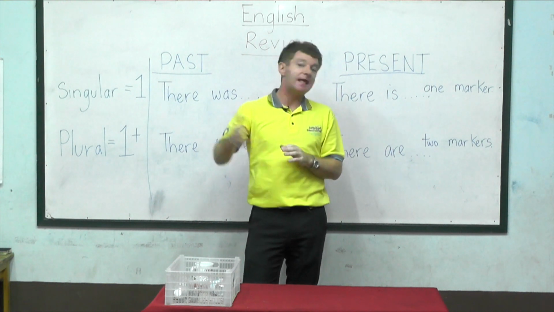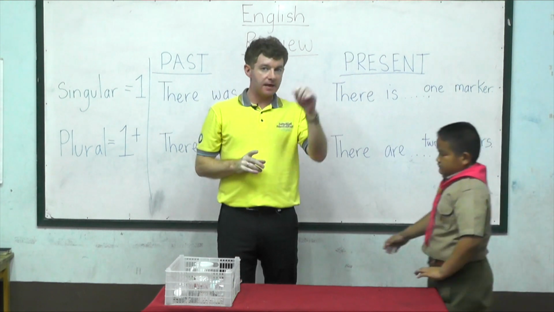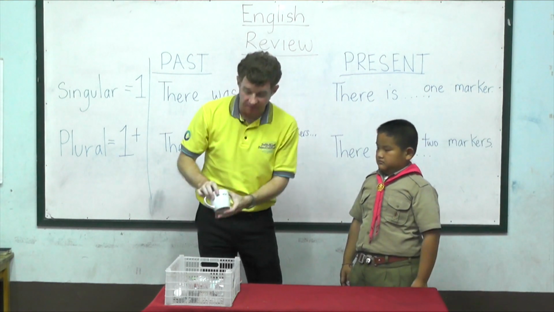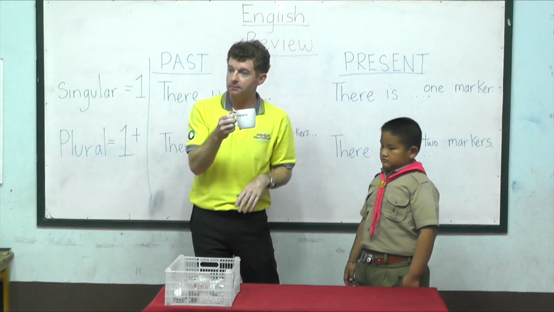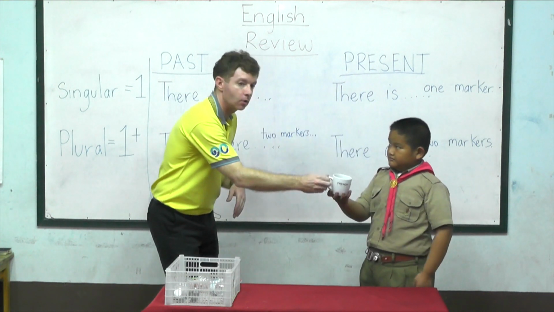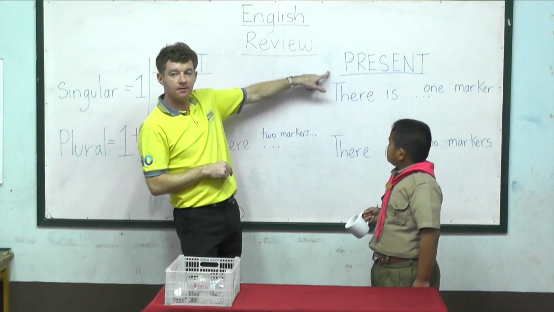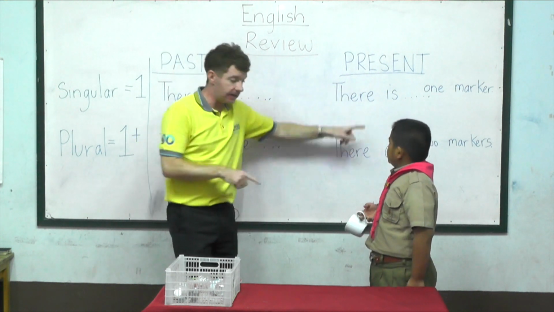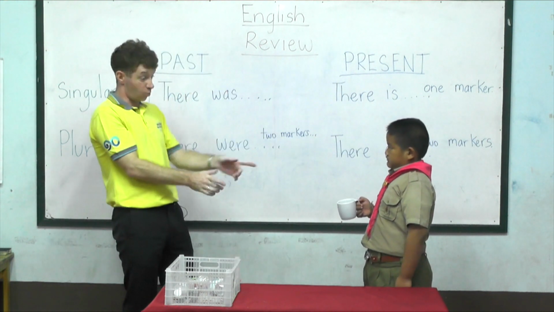And now, Net's turn. Come and join me at the front, please, Net. And now Net joins us, and this time Net can have this. What is this, guys? Cup. How many? One. So, one object, present tense, what do we say? There is one cup. You can see Net has it, one cup.